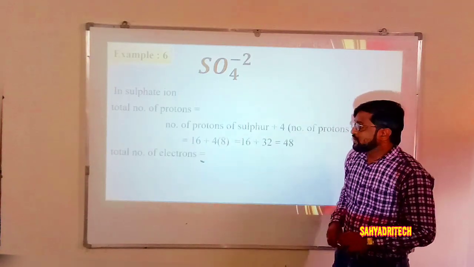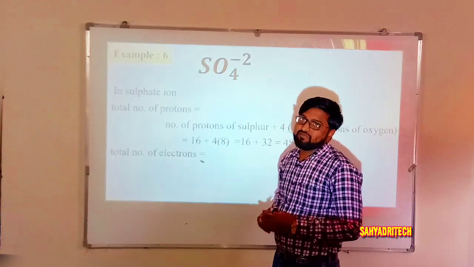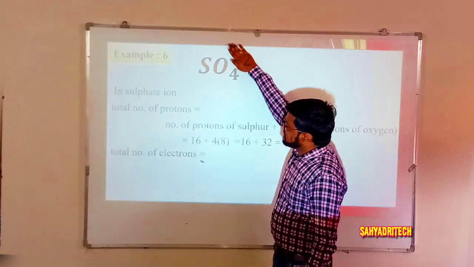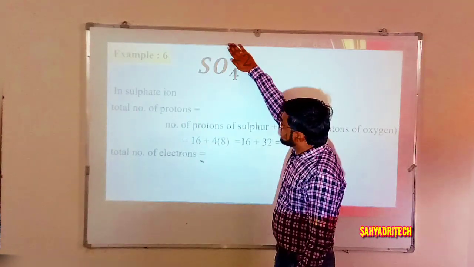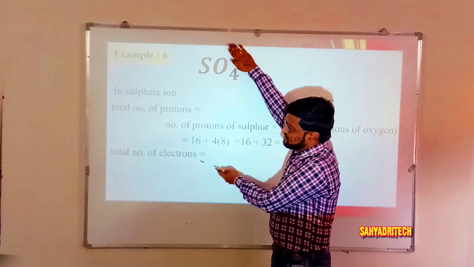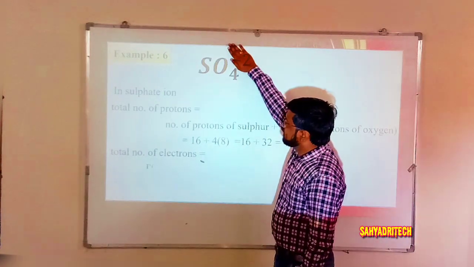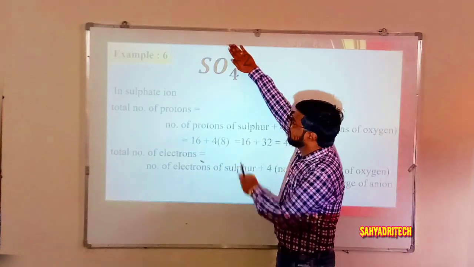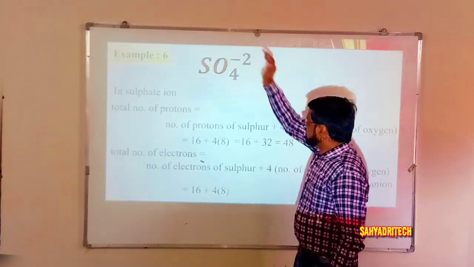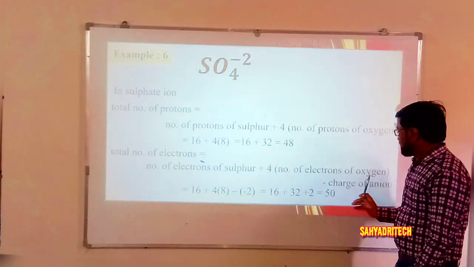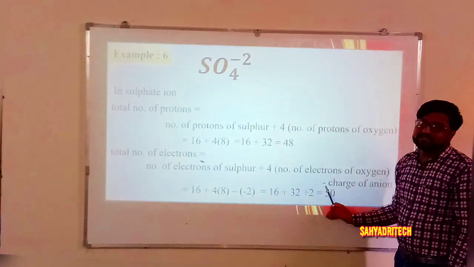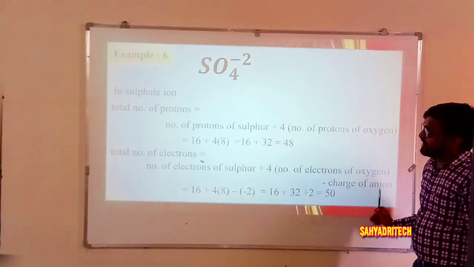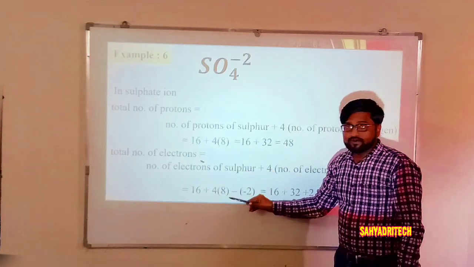Now coming to the total number of electrons. First we have to consider the neutral species, similarly to the number of protons. Number of electrons of sulfur plus 4 into number of electrons of oxygen, minus the charge of the anion.